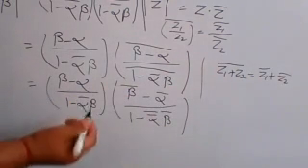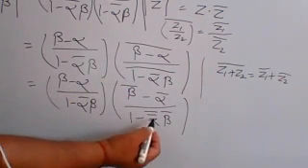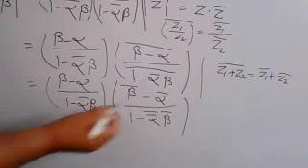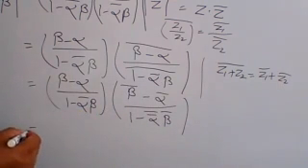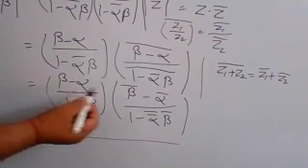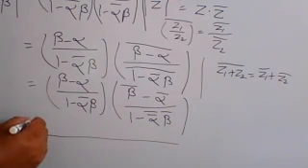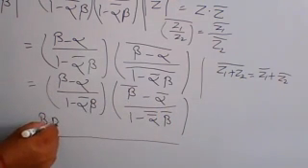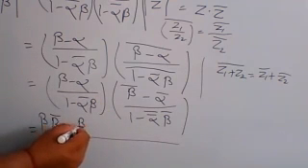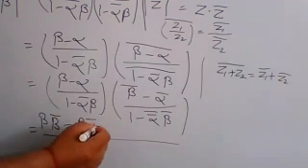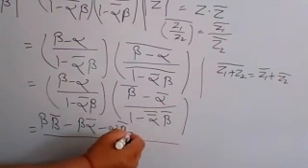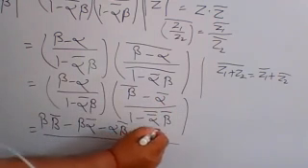Now multiplying this one. Now here you take one step more. Conjugate of alpha can be written as alpha bar, and just multiply the numerator part and denominator part, and just see what you have. Beta is multiplying to both the terms, so you have beta beta bar, and here you have beta into alpha bar, okay, and minus alpha beta bar, and here you have plus alpha into alpha bar.